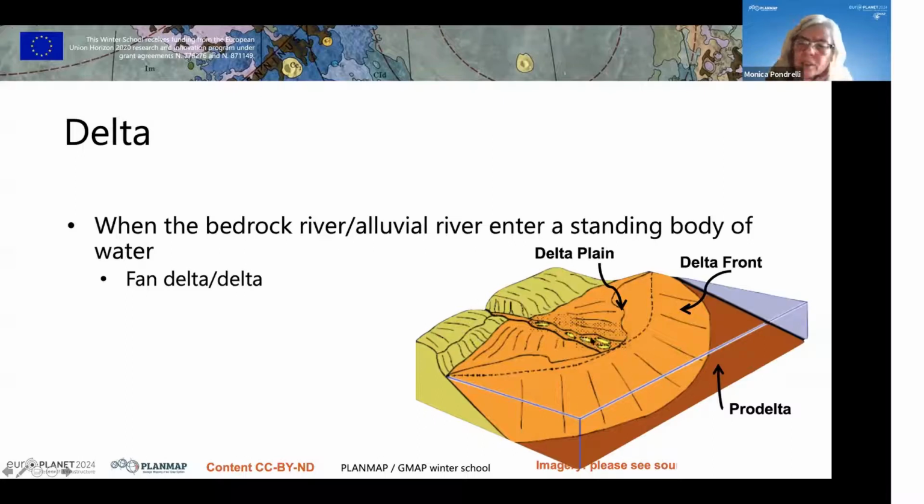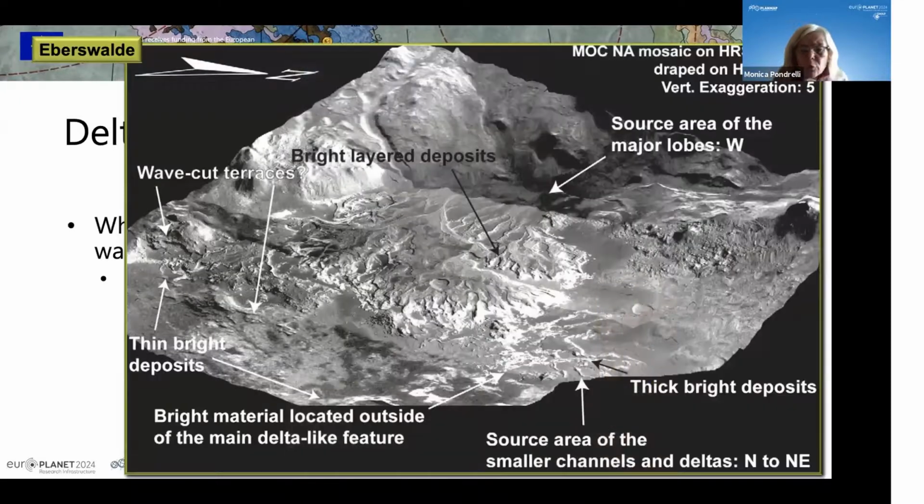These processes lead the delta to assume a topographic break here. This is important because this topographic break is something that we can recognize even remotely. For example, here, always in Eberswalde, there is a topographic break. So we have delta plane, delta front, prodelta.